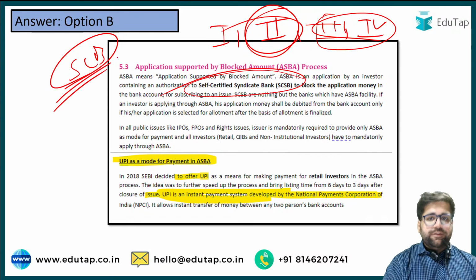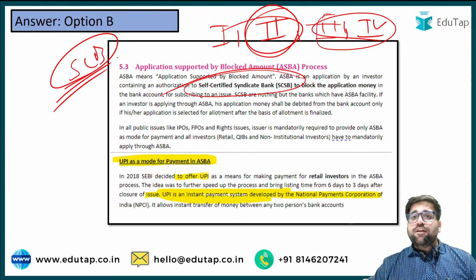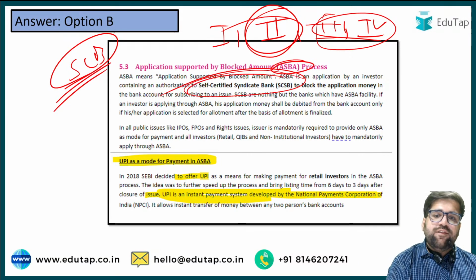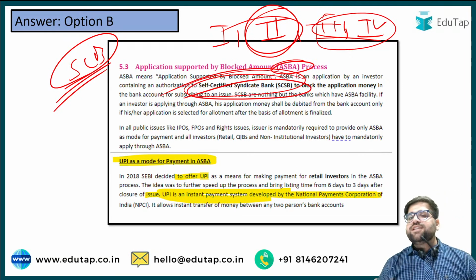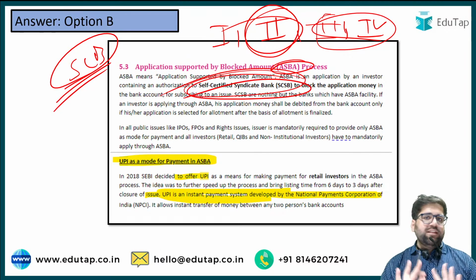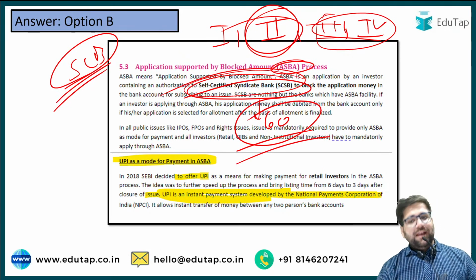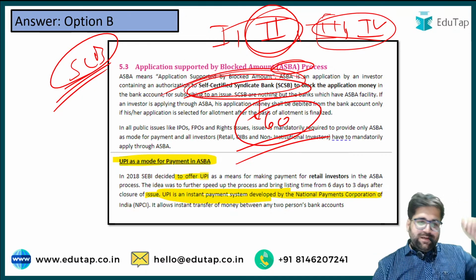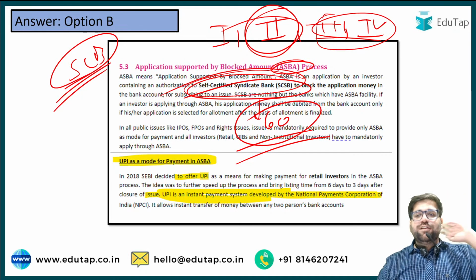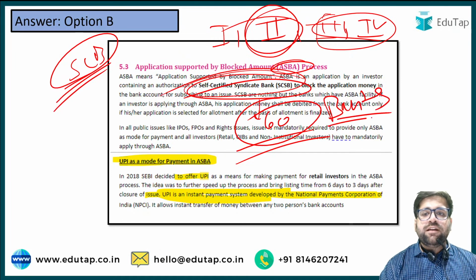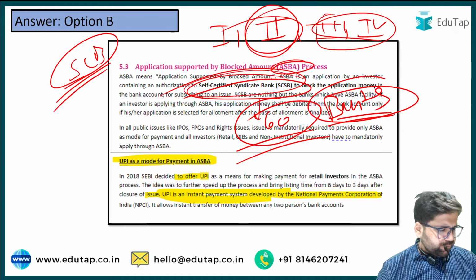In the same manner, those banks which are allowed to deal with the ASBA process are known as self-certified syndicate banks. As simple as that, nothing much to worry. Currently there are 60 banks, although I am 99% sure but 1% not sure, because I just read that news in the newspaper. So there are 60 banks which are ASBA certified.